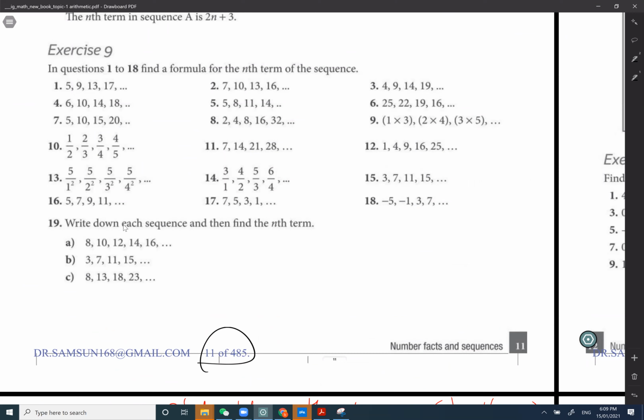How do you find the formula? A lot of questions ask you to find the formula. You probably finished it. How about now? Because we just learned how to find the formula.